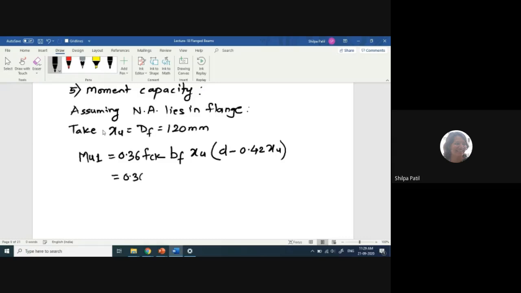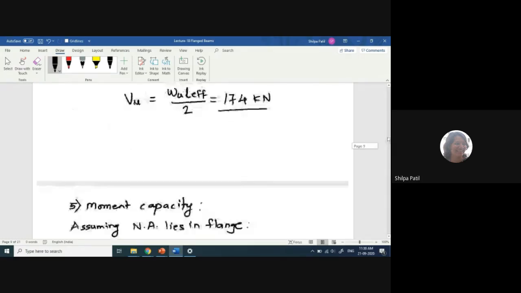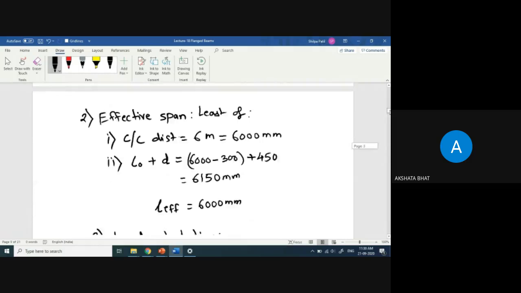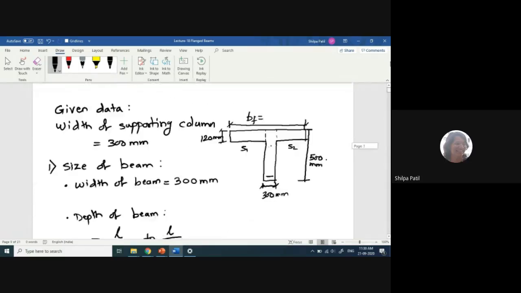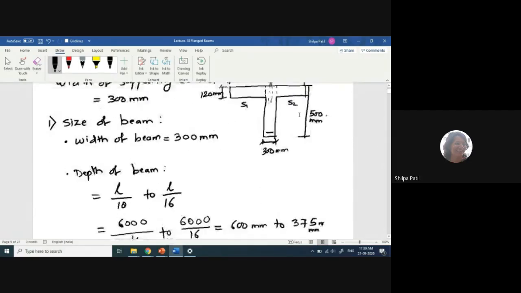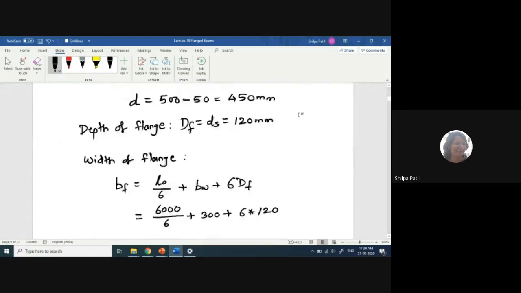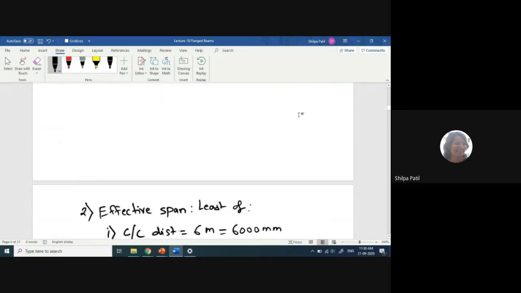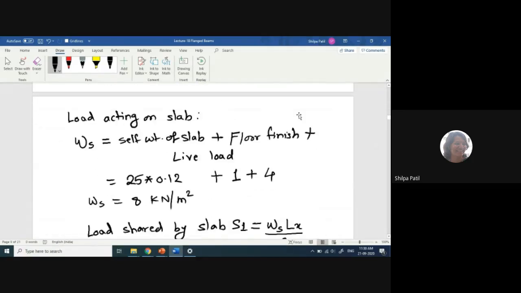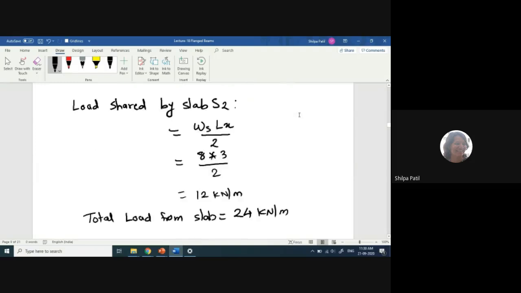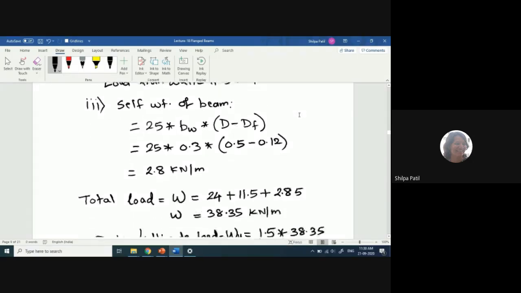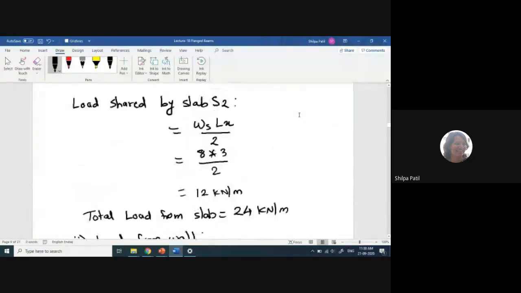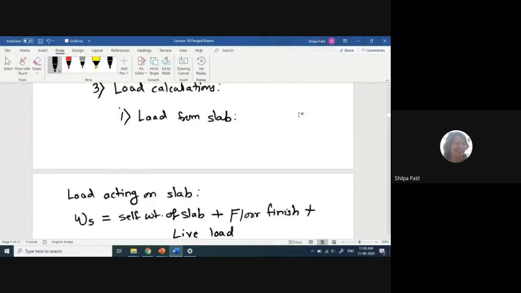So this is 0.36 into fck is 20 into bf. What is the bf value? Ma'am, fck is 25. Let me check, I forgot the problem statement. If it is 25, we'll consider 25, no problem.